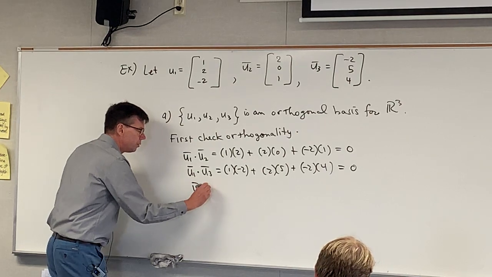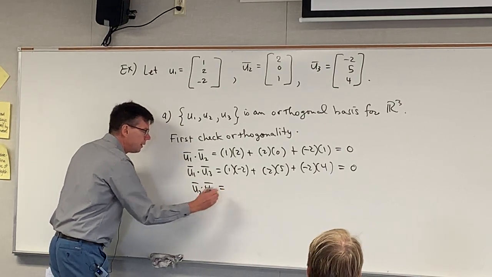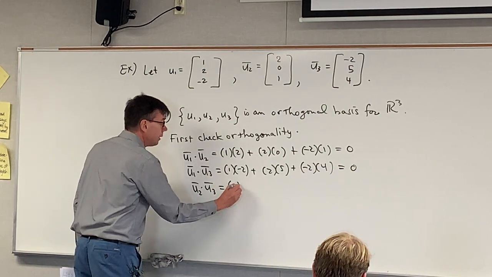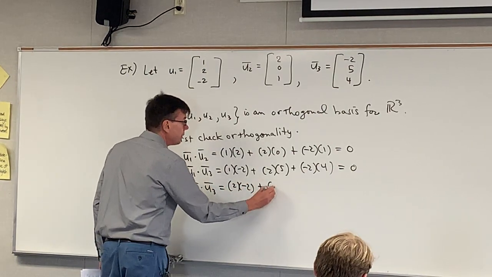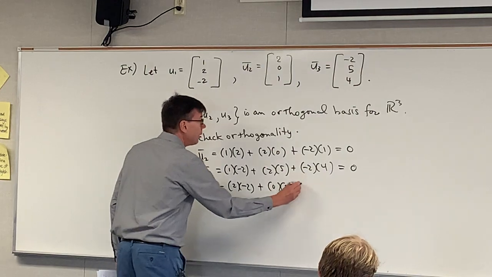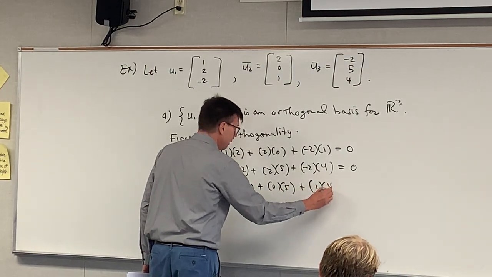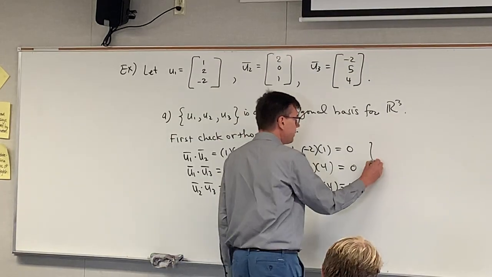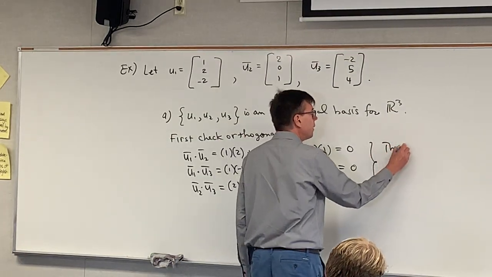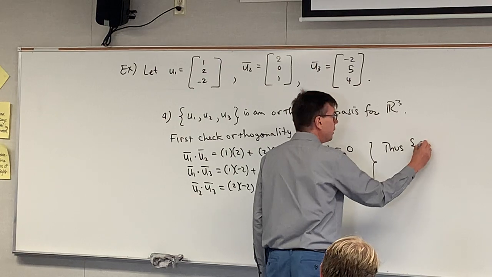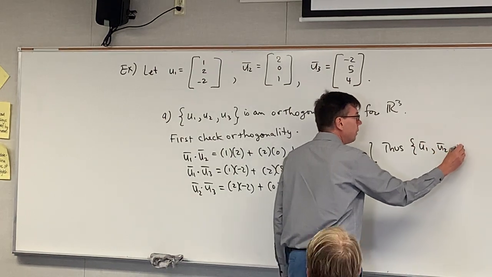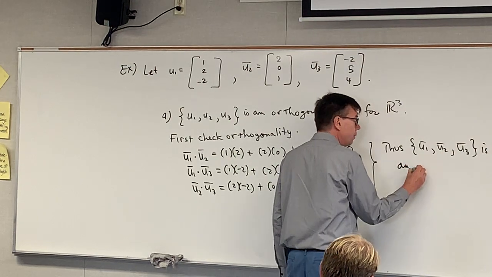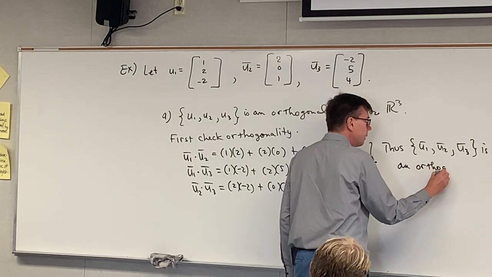I also have to do u2 dotted with u3, which is 2 times negative 2 plus 0 times 5 plus 1 times 4, which is 0. So thus, u1, u2, u3 is an orthogonal set.